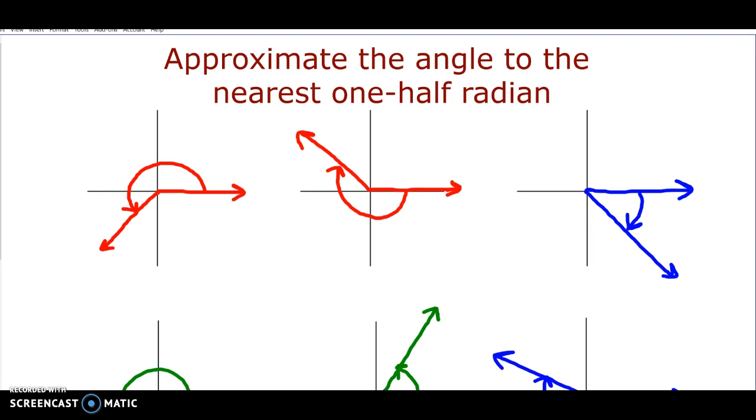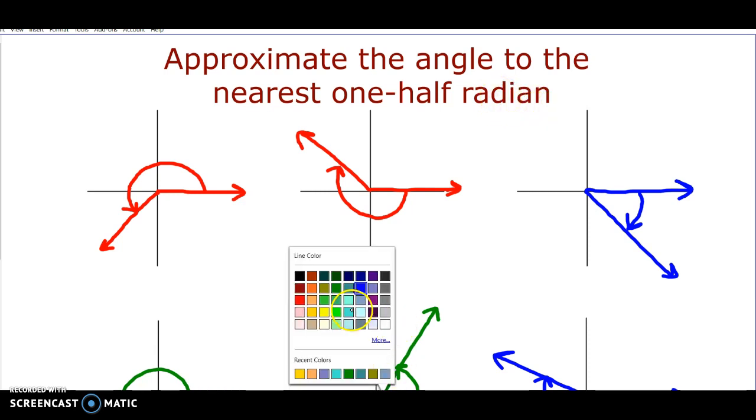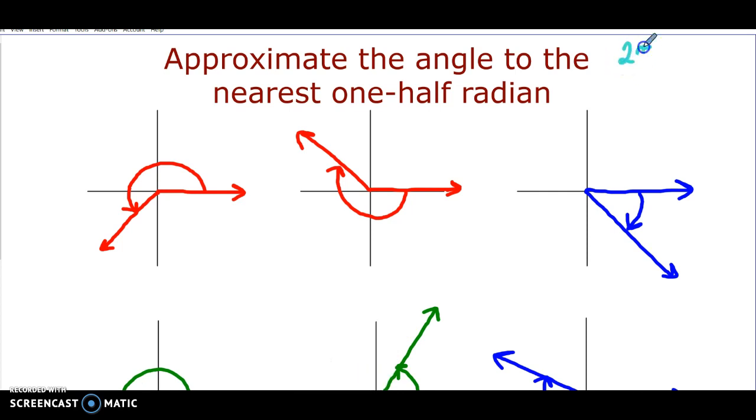The last part of this is just us approximating the angle to the nearest 1/2 radian. So just approximate. One thing that'll be helpful for you to keep in mind is, well, let's think about what's 2 pi. 2 pi is about 6.28, right? What's pi?